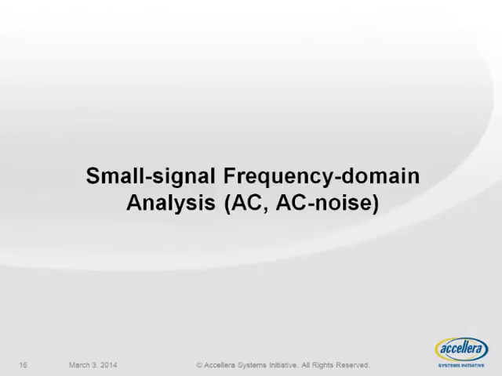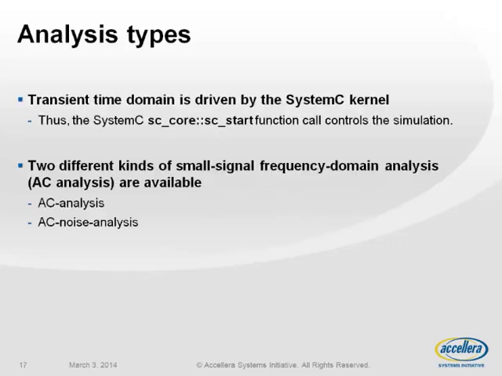Now to the small signal frequency domain analyzers, which are also supported by SystemC AMS, besides the transient analysis you are already used to when you're using SystemC. The transient time domain simulation is driven by the SystemC kernel. So you're using the classical SC core, SC start function to simulate your AMS system for a certain period of time.